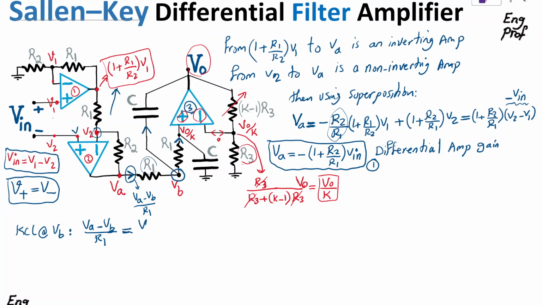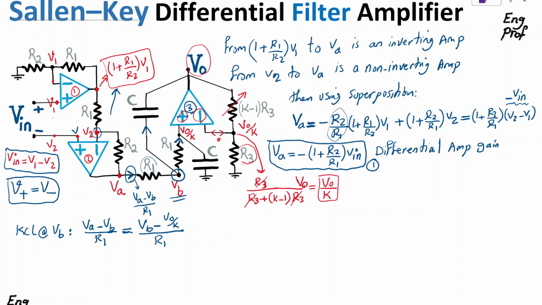One of them is VB minus Vout over K, and then divide by R1 as well. That's the current going through this resistor.